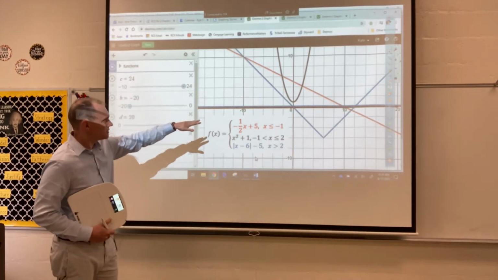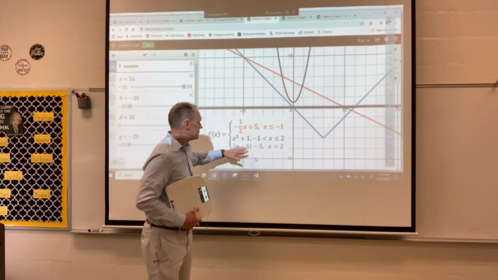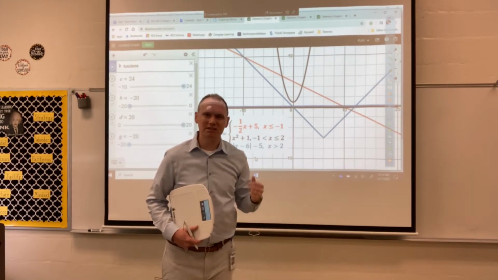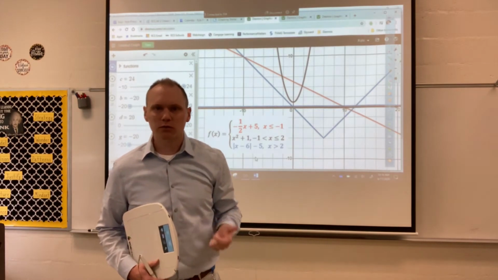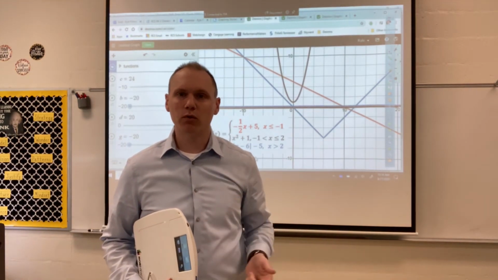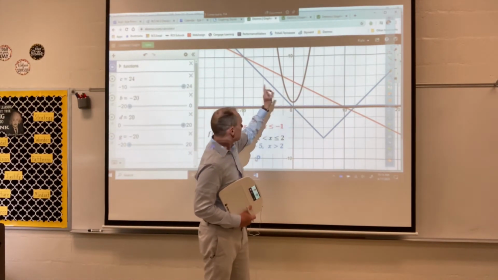So the graph right now does not adequately display what we're doing here. So let's fix it. Because right now we see the full functions, all 3 of these, but we only really want part of them because this overall piecewise function still needs to be a function. So let's remember our definition of a function is every input has exactly 1 output. Right now, every input has multiple outputs.